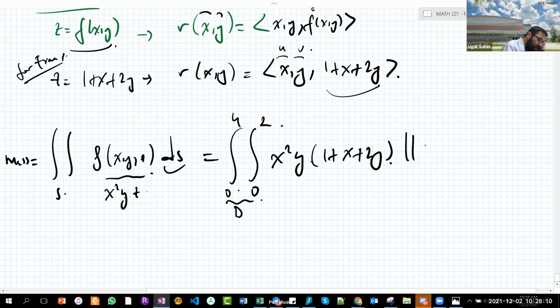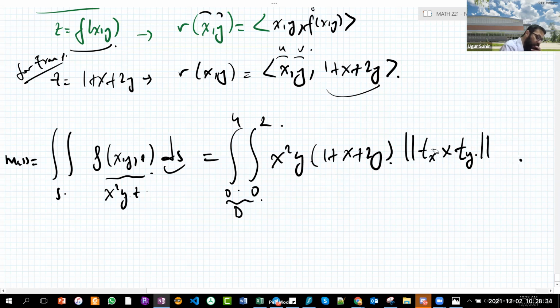The area element is the length of the cross product of T_x and T_y, since I changed the letters, I'm going to use T_x and T_y, and then dS.